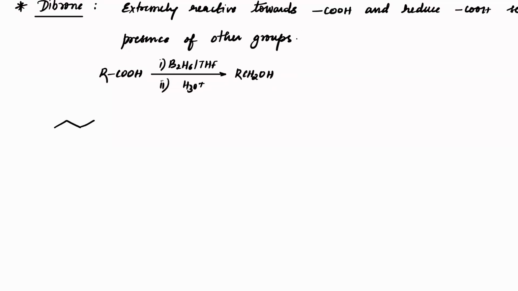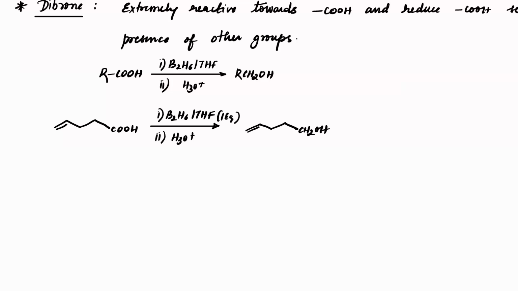What that selectivity means here is if you have a COOH here, and then I treat this with first B2H6 and THF followed by hydrolysis, correct? And imagine I take only one equivalent here, right? So in that case, you will see that this CH2OH will get reduced. Double bond is not going to get reduced.